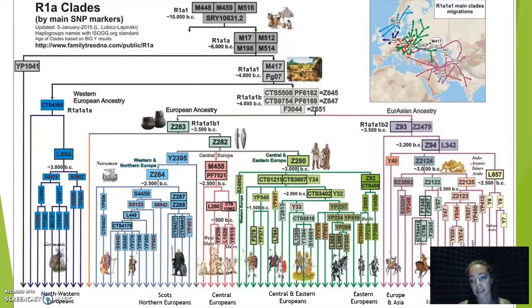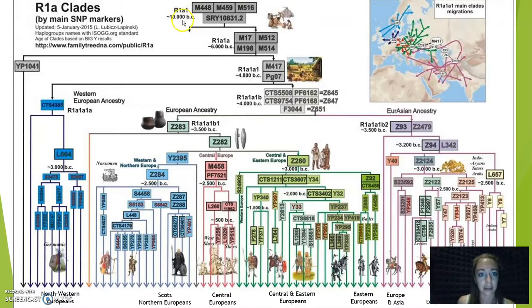Now you may be asking, the table I just showed you are haplogroups, but as I keep bringing up, there are these subclades within these haplogroups. So this is a table of the R1a subclade and all the different people who came from this and all the different mutations and all the years they happened.